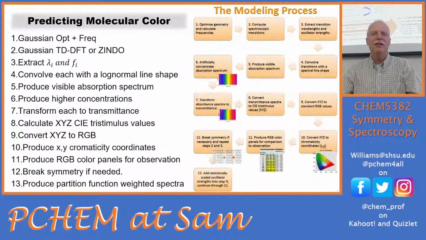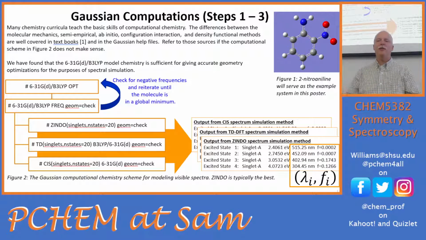Yeah. Okay. So let's do steps 1 through 3. This is very straightforward. You have your molecule, you build that. 6-31G, B3LYP optimization. You can do a frequency calculation. And then after that, the output of that, you can check for negative frequencies until you get a good global minimum here. And then you go into one of these 3 calculations.